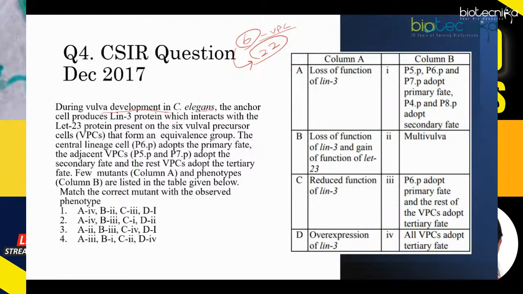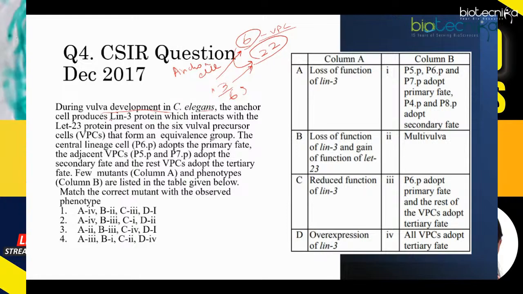There is an anchor cell that gives the signal to those 6 VPCs, but only 3 out of the 6 start developing to form the vulva. Then why are 6 present? It's like a spare. If these 3 don't work for some reason, the other 3 will take their place.